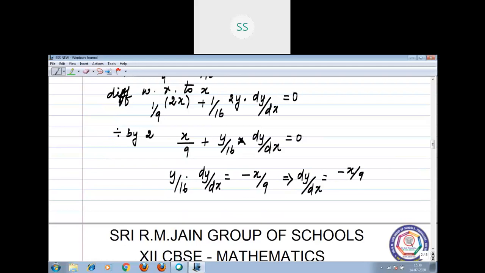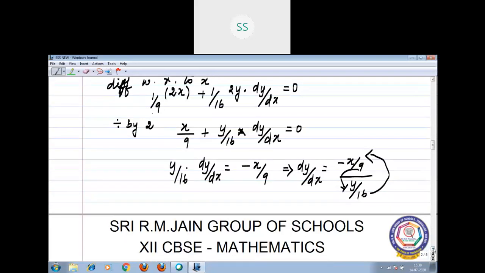Here, the multiplication will act as division. When you shift to the right side, what you will get? y by 16. The 16 will move to the numerator, the 9 will come to the denominator. Now, what is your dy by dx?